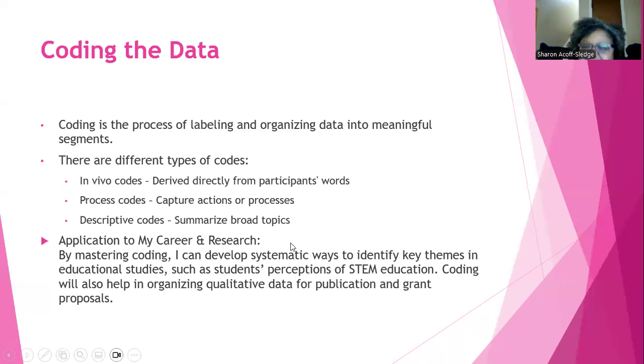Coding, I'm still kind of learning coding and what's entailed with it, but from what I read in the text and what I saw in the lecture, coding is the process of labeling and organizing your data into meaningful segments.